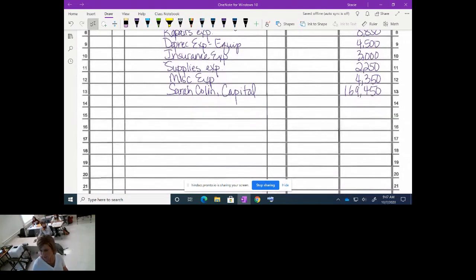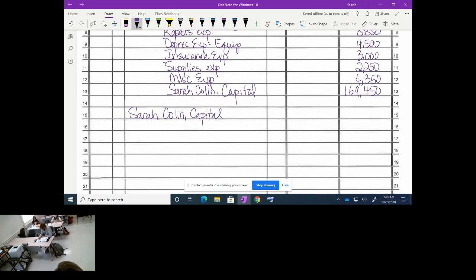And then our second entry is to debit capital, credit drawing, to close out that drawing account. Let me make something clear, because this was a confusion yesterday in class. We are not getting rid of our capital account. So you're not going to make any entries that have the balance of your capital account from your trial balance in it.